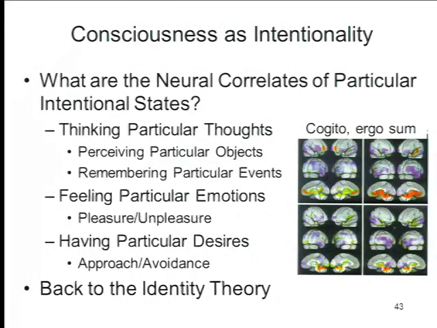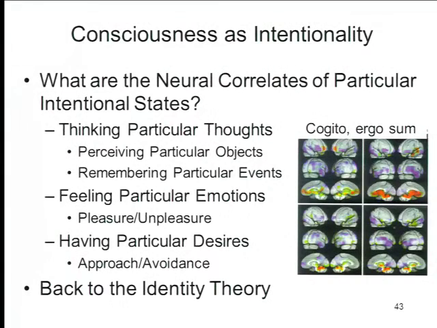So it might actually be possible to use, say, fMRI, brain imaging. These are PET images, just because they're easy to think about in this context. It might be possible to use something like fMRI to identify what pattern of neural activity is associated with thinking a particular kind of thought or feeling a particular kind of emotion.